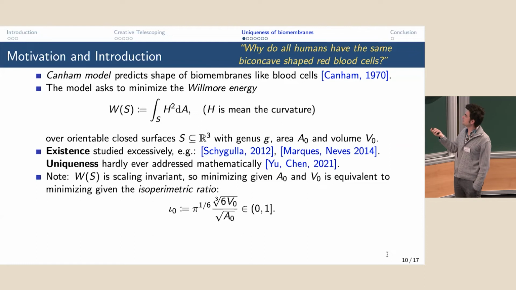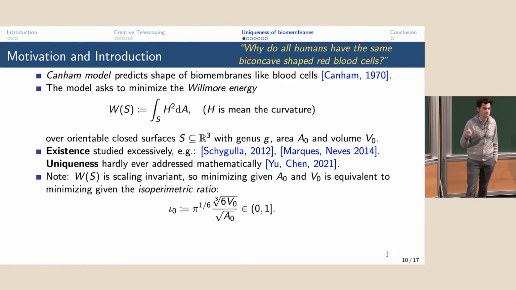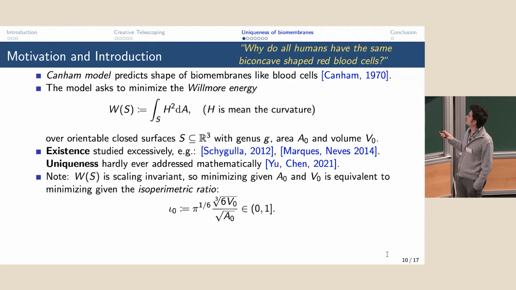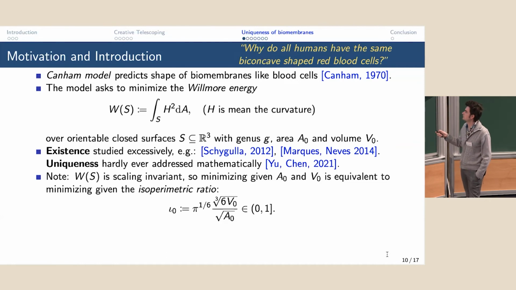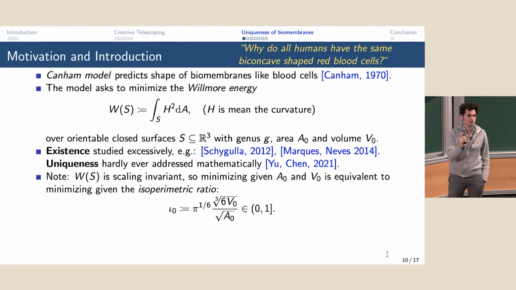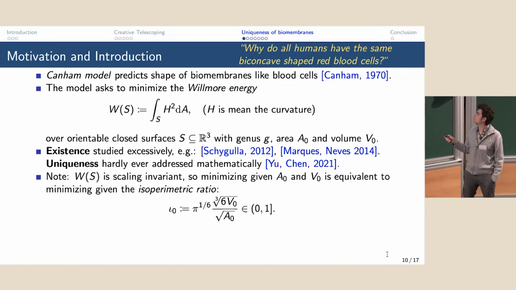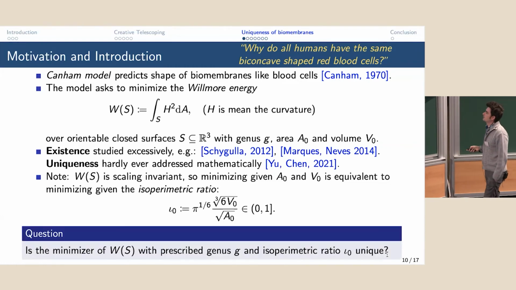Namely, because this quantity is scaling invariant, and it's actually even more than that, it's also invariant under Möbius transformations, minimizing given the surface area and the volume is equivalent to minimizing given the isoperimetric ratio. This is the ratio you can compute like this, and that is by the isoperimetric inequality always between 0 and 1, with 1 if and only if this surface is a sphere.